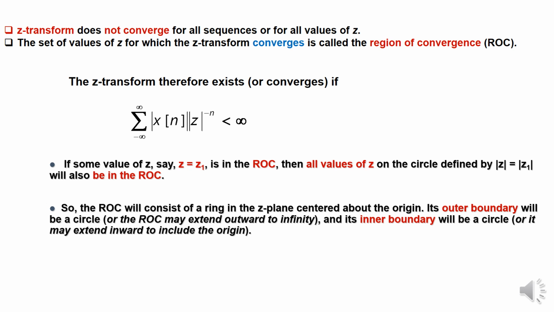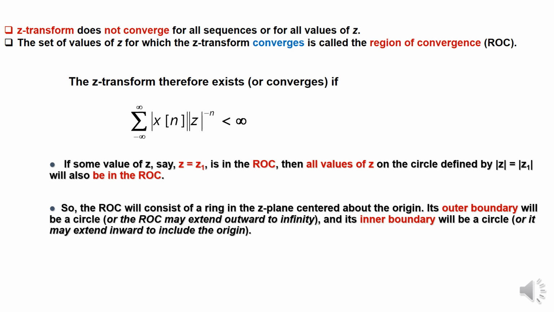Like that, in the Z transform also, the Z transform exists, or it will converge, only if the sum from minus infinity to plus infinity of magnitude of x[n] times magnitude of z to the power minus n is less than infinity. The set of values of z for which the Z transform converges is called the region of convergence. Can you understand that? For any series, it will have a final summative value.